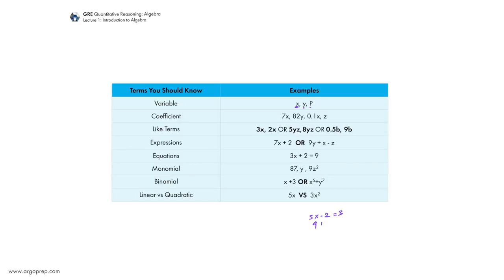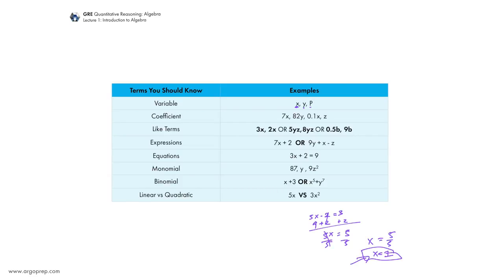In this case, we do the opposite of minus 2, which is plus 2, to get rid of this. So on the right side, I have 5, and on the left side, I have 5x. Now I want x by itself, so I can divide both sides by 5, and x is equal to 5 over 5, and 5 over 5 is just 1. So x is equal to 1. x is called the variable in this case.